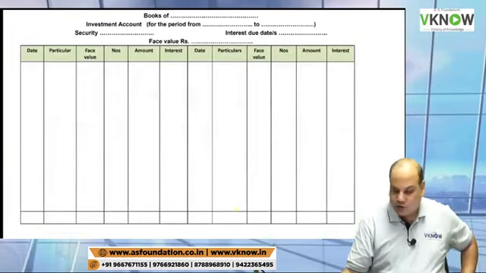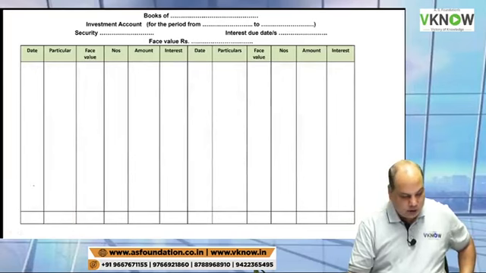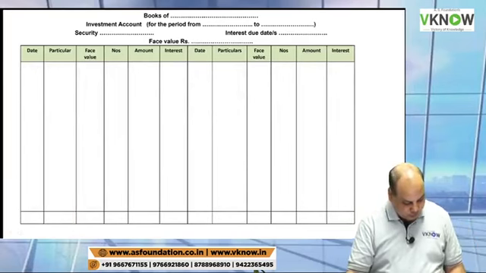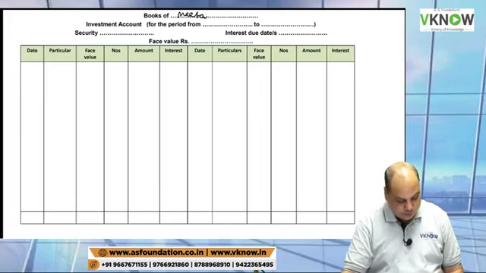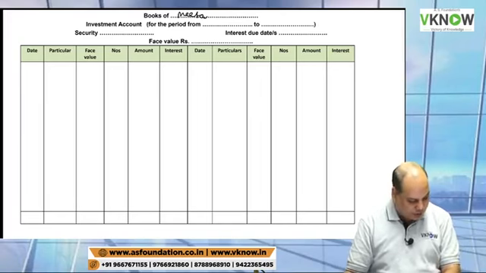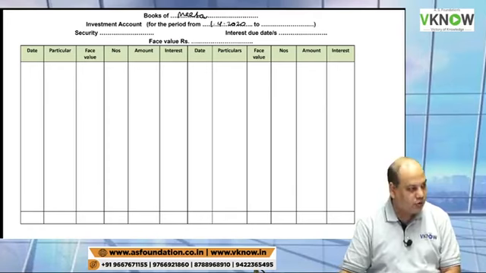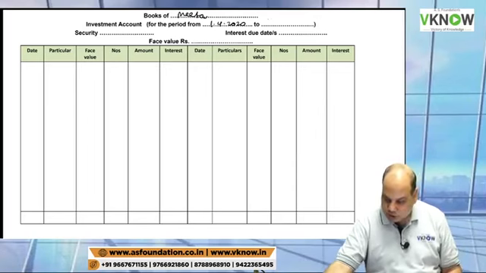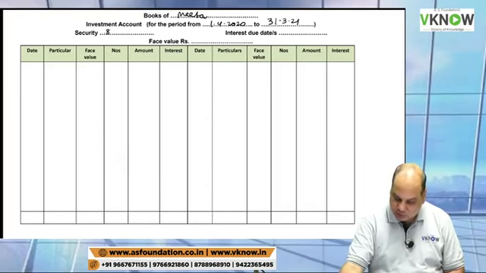After that you draw this format. After writing investment in bond, write down books of Mita, who is the investor here. Investment account for the period from 1st April 2020 to the year ending date 31st March 2021, and the security is 8% bond.